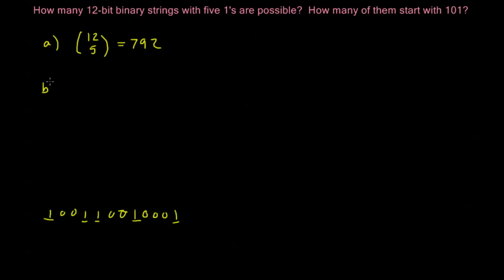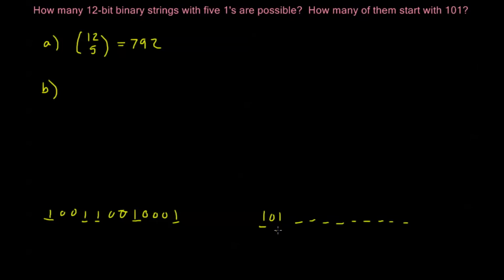Now for part B, how many of them start with 101? So now I'm looking at binary strings 1, 0, 1, and then I have 9 other bits. And I'm still looking at a total number of 5 ones. So this problem basically boils down to now how many ways can I take these 9 bits and make 9-bit binary strings that contain 3 ones, right?